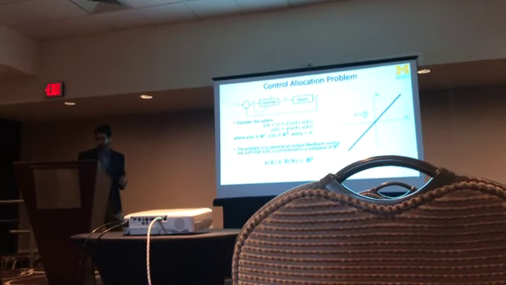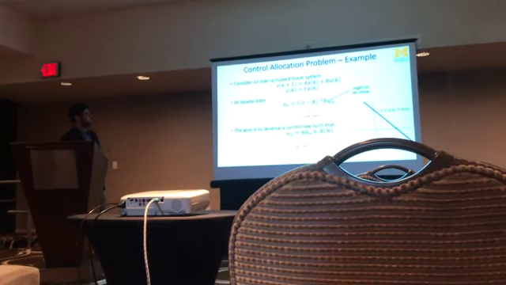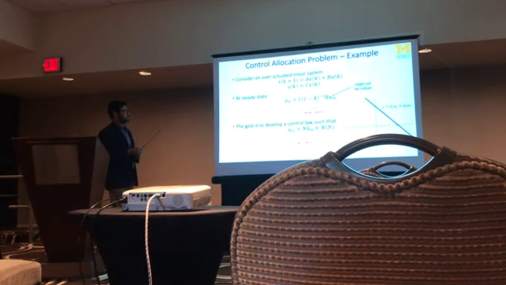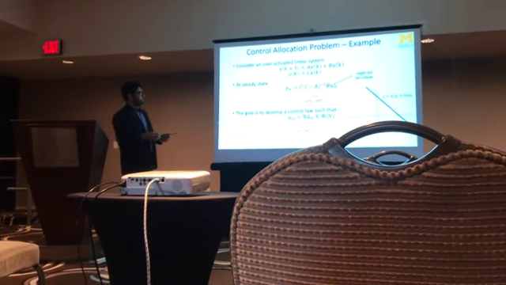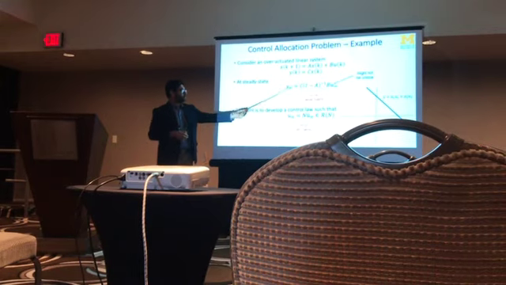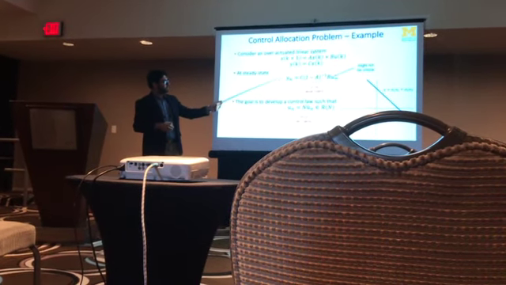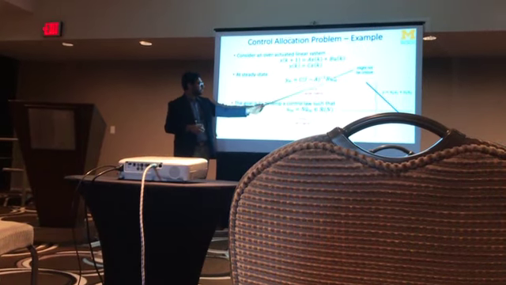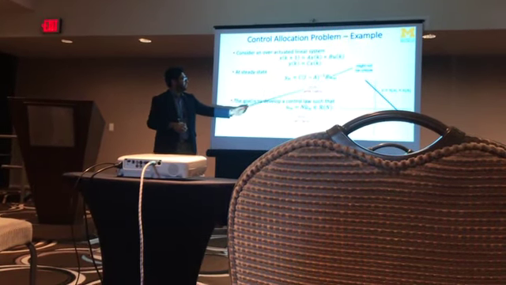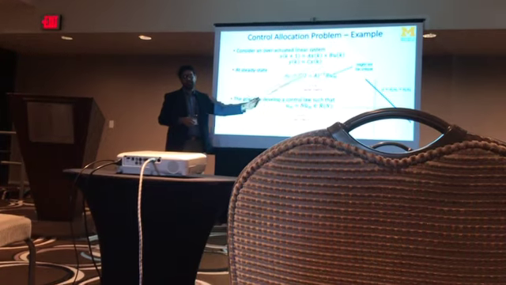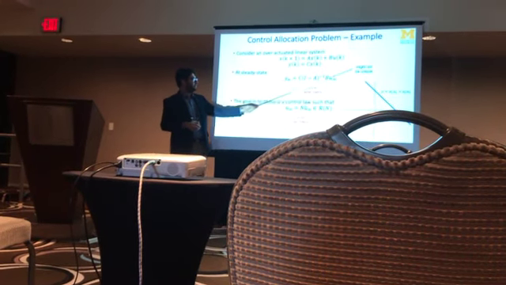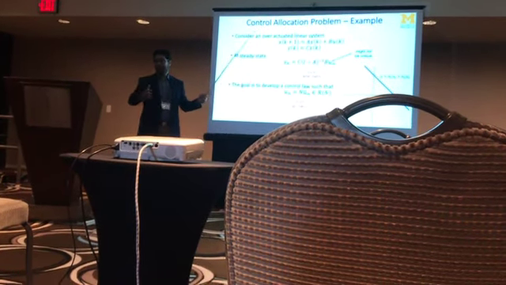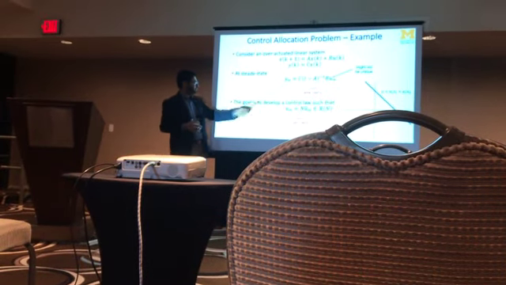So for example, in a linear system, if you had an over-actuated linear system, at steady state, you can write the steady state output as this expression, where u is not going to be unique. And this matrix ends up being wide. So if you have a wide matrix, there are many solutions to this problem.